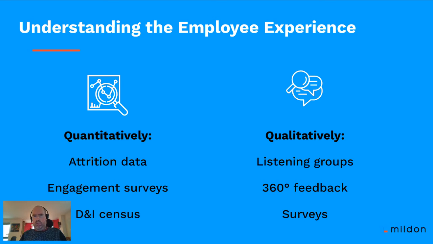So if you were to look at your attrition data, for example, by gender, you might notice that women are more likely to leave your organization. So you might have more employee churn amongst women in the business, for example, or you might have more employee churn from people who are from a Black or Asian minority ethnic background, for instance. And you might be able to look at that data across different levels of your organization.